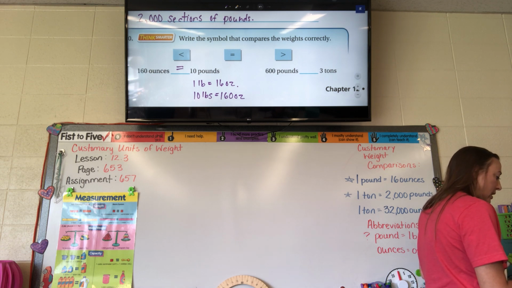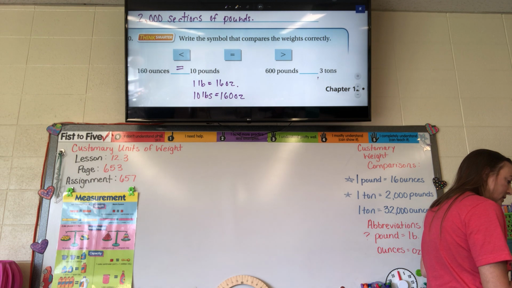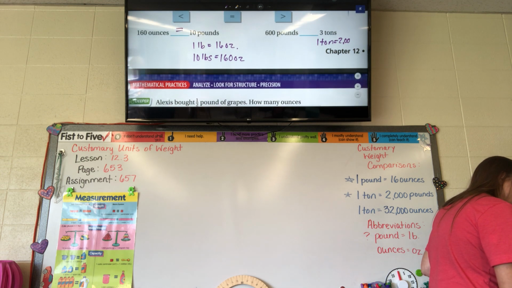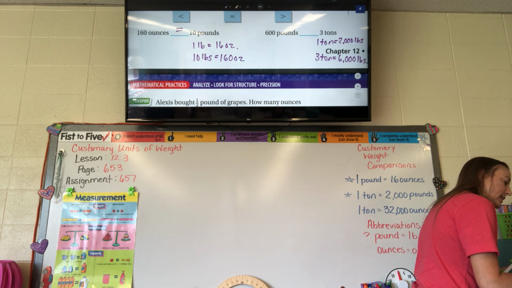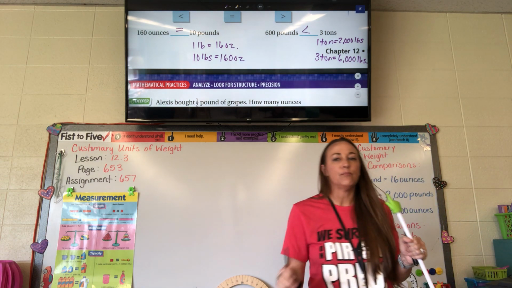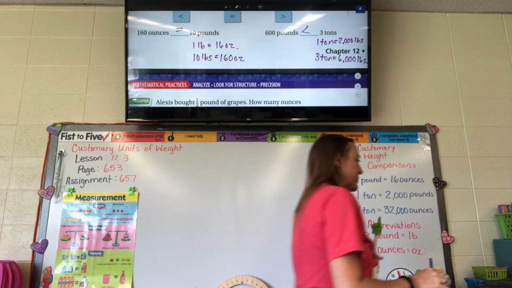So if 1 ton equals 2,000 pounds, 3 tons would equal 6,000 pounds. 600 pounds is less than 6,000 pounds, or 3 tons. Okay.